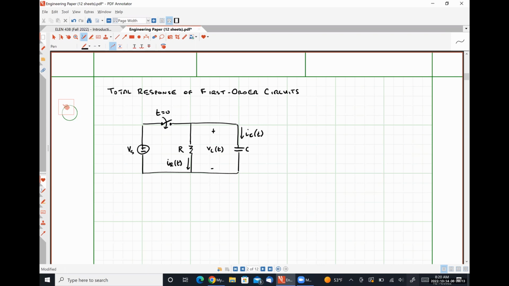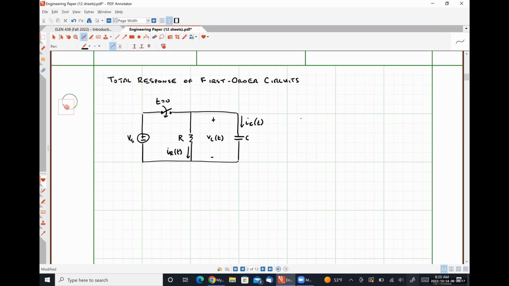So if we're looking strictly at our capacitor voltage equation, what do you guys think VC at 0 minus is supposed to be here? 0 volts, because there was nothing connected to it. So that seems pretty reasonable.